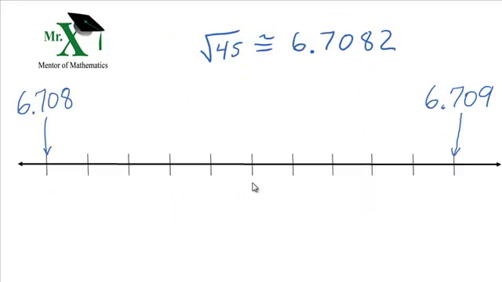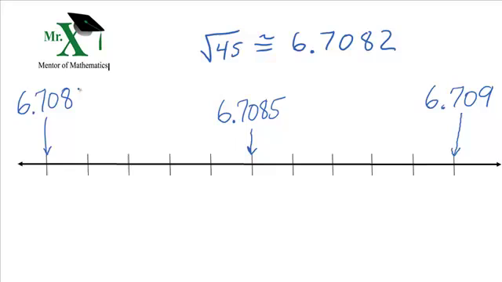You should know what number is halfway in between this value and this value. In other words, we could march 10 units to get from one to the next, to get from 0.708 to 0.709. What number would be in the middle? Do you know how decimals work?